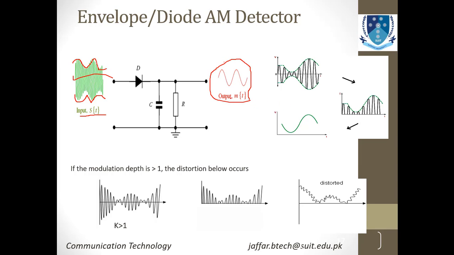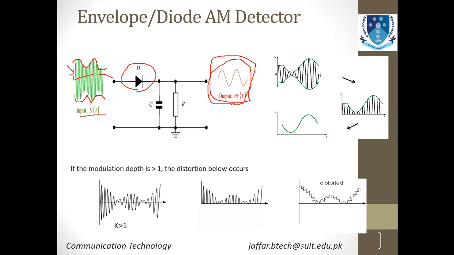So let's talk about the demodulation using the envelope, or you can say a diode AM detector. As I've mentioned, this is your input signal, and using just a diode you can basically demodulate your signal, and you can get the actual signal back which was sent from the transmitting end.